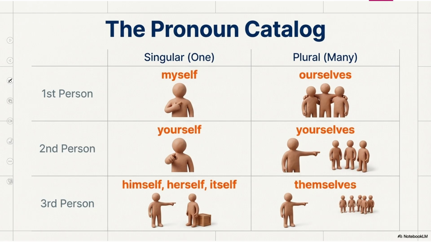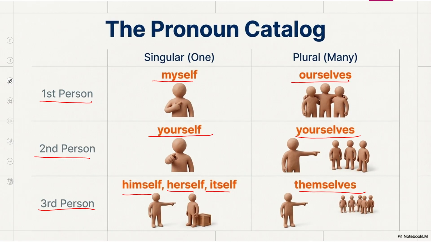Now, look at this. The pronoun catalog, the pronoun table. First person pronouns: myself and ourselves. These are the intensive pronouns of the first person. Second person is yourself and yourselves. These are the intensive pronouns of the second person. And third person: himself, herself, itself, and what plural?